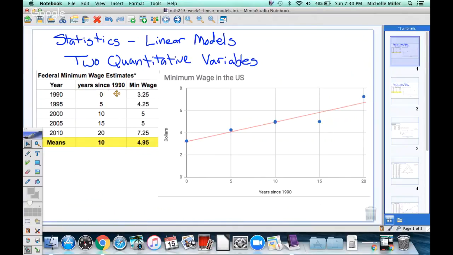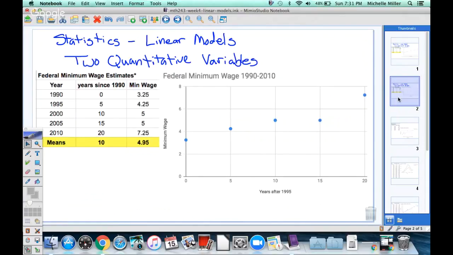So I have years after 1990 to kind of simplify the x-axis here, and I have the minimum wage in the United States. And you can see that over time, the minimum wage has been increasing. And I picked this data set because it's pretty easy to work with. And I had my spreadsheet program, Google Sheets, draw a line that Sheets thinks is the best line for this data. So how do we figure out the line of best fit?